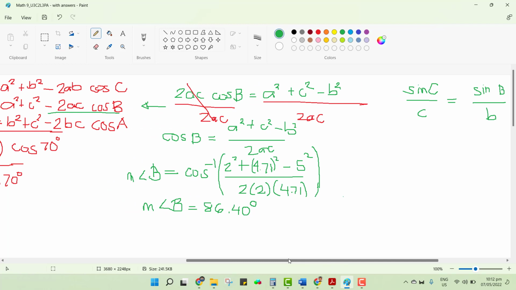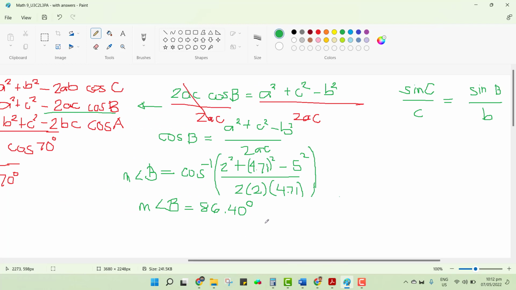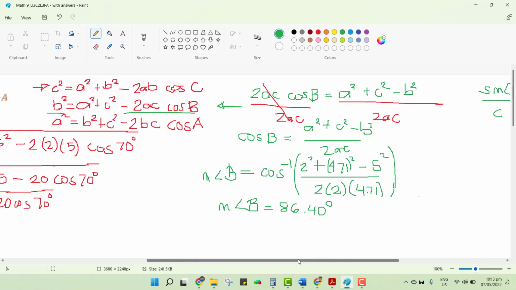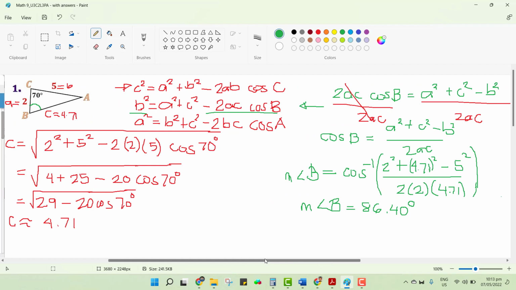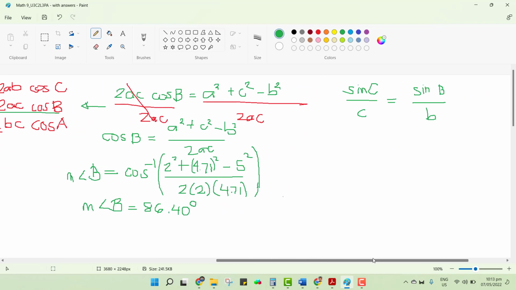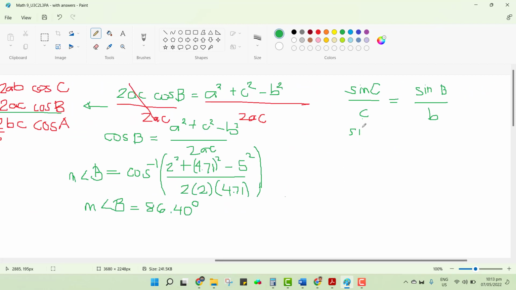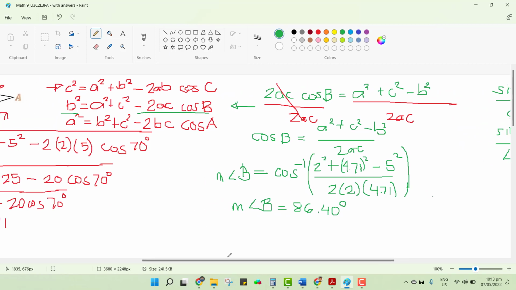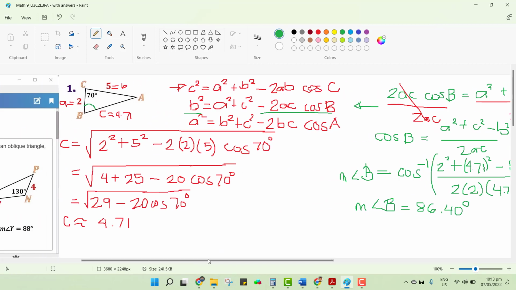Take note that we are using the approximated value for C, and hence, again, all answers will be approximation. So let's do it like this, and let's see if we still have the same result using the law of sines, using the solved value for side C. So you have sine 70 degrees all over 4.71 approximately must be equal to sine B all over the value of B here, which is 5.